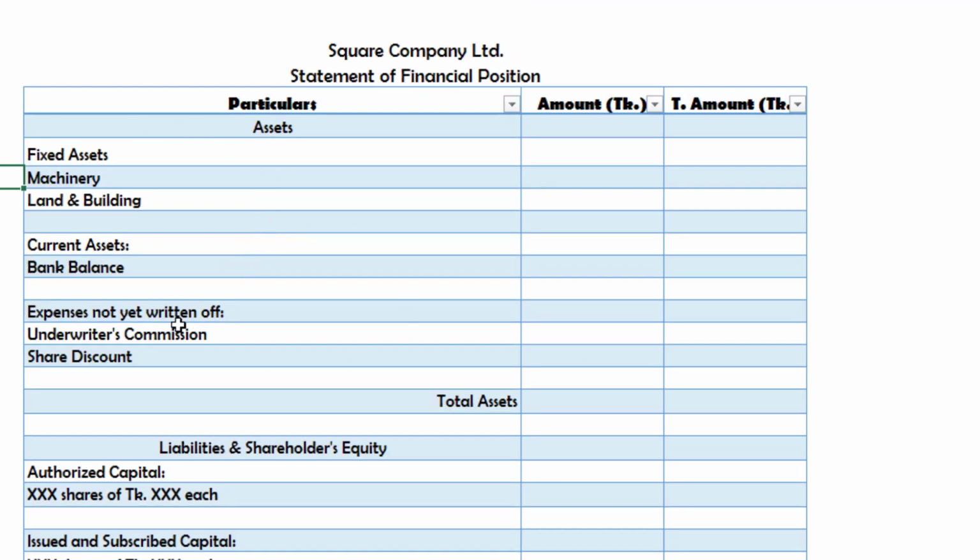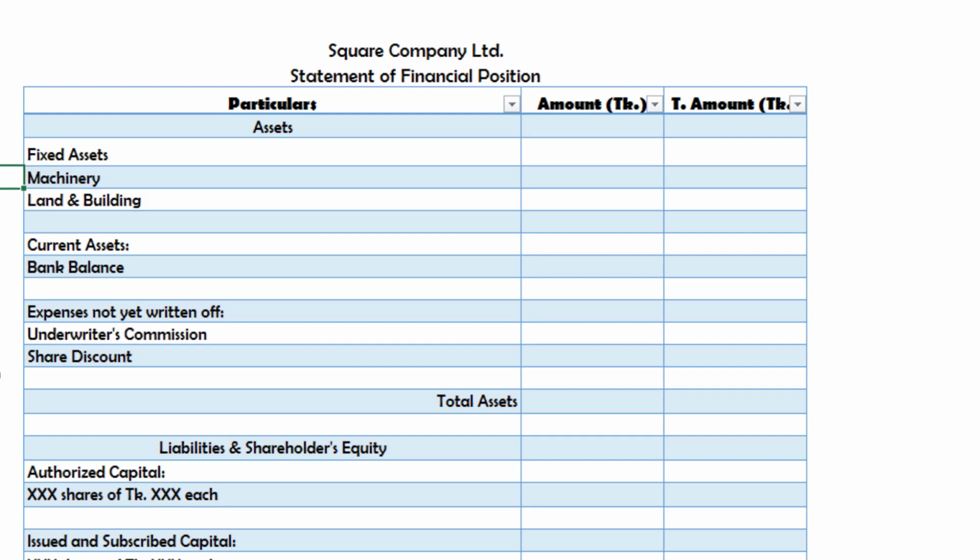Assets are classified into 3 sections: fixed assets, current assets, and expenses not yet written off. We learned about the third one, expenses not yet written off, in our last class. You should memorize which accounts fall under this category, and the others also.